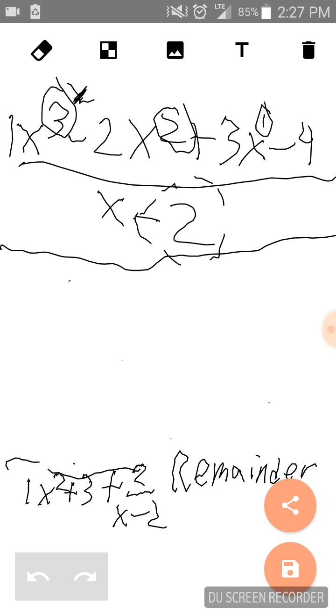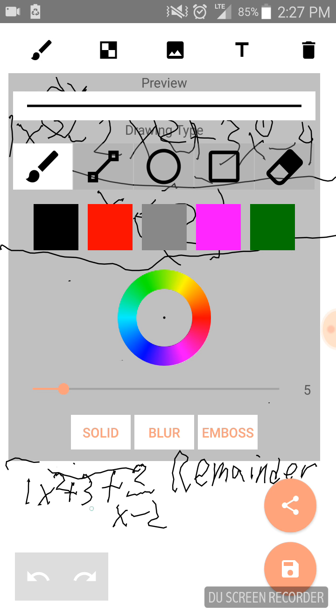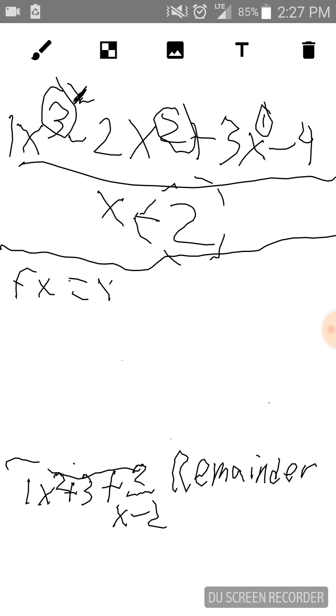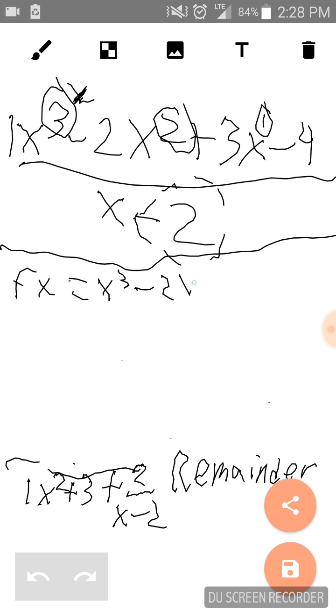We know f of x equals x cubed minus 2x squared plus 3x minus 4.